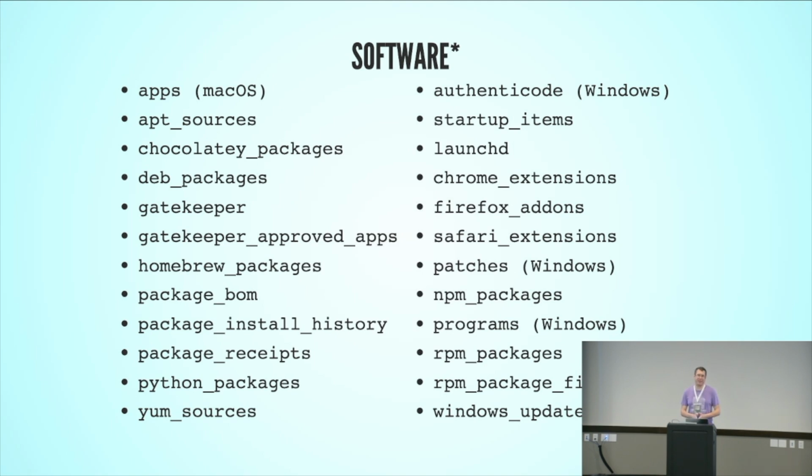But the idea here is, if you have it installed, mostly snap packages aren't on here, unfortunately. If you have it installed, or if you have apt sources or something like that, you can query that and say, well, what's actually on this system, whether that is Mac OS apps, NPM packages, Python packages, et cetera, et cetera, et cetera.